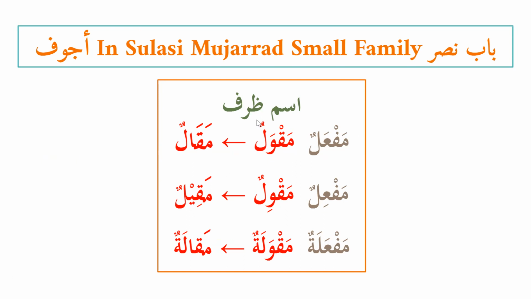So ism zarf has maf'alun, maf'ilun, and maf'alatun patterns. Three awzan are there for mujarrad families.